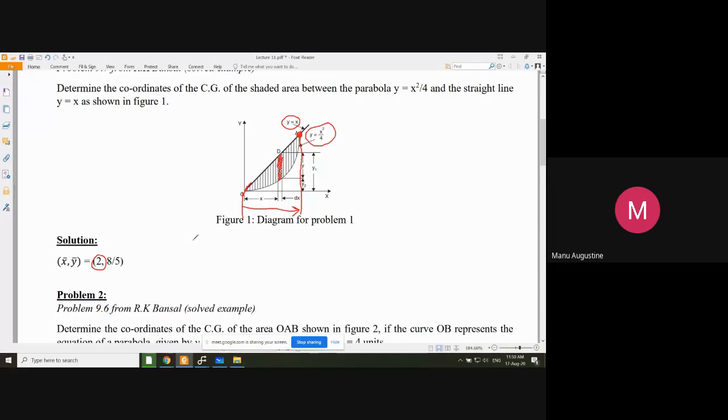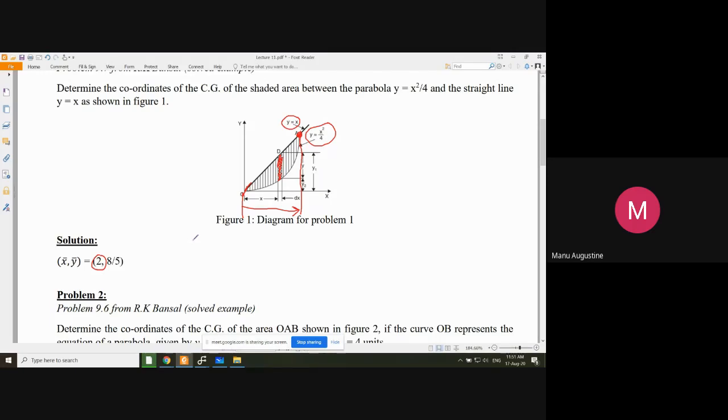And at the distance of x, you already identified the two heights between which the rectangle is trapped, y1 and y2. So what was y1? y1 is x square by 4, y2 is x.